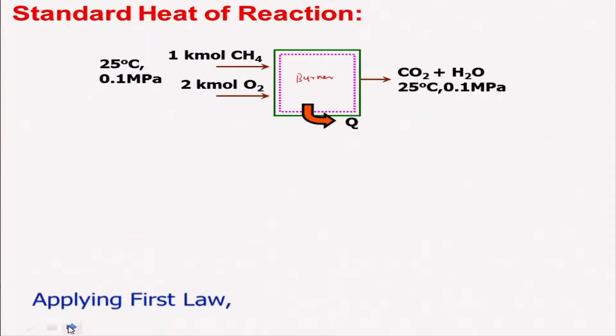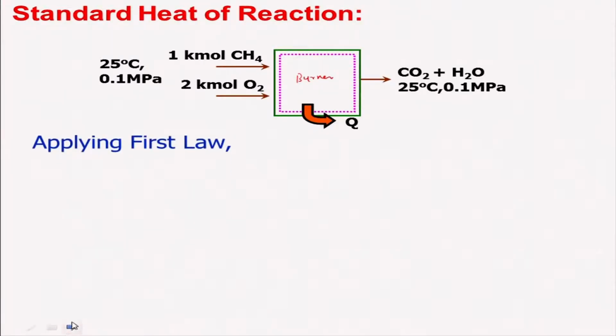So, if that is the case, then we will have to apply the first law of thermodynamics, and this is the control volume I can take. This is my system boundary, the control volume, and if I apply the first law of thermodynamics for a control volume system, we will have to make some assumptions. What assumptions are we making here?